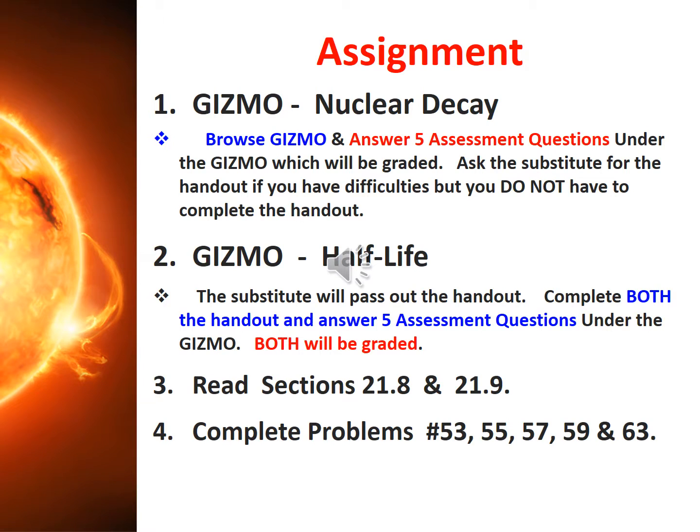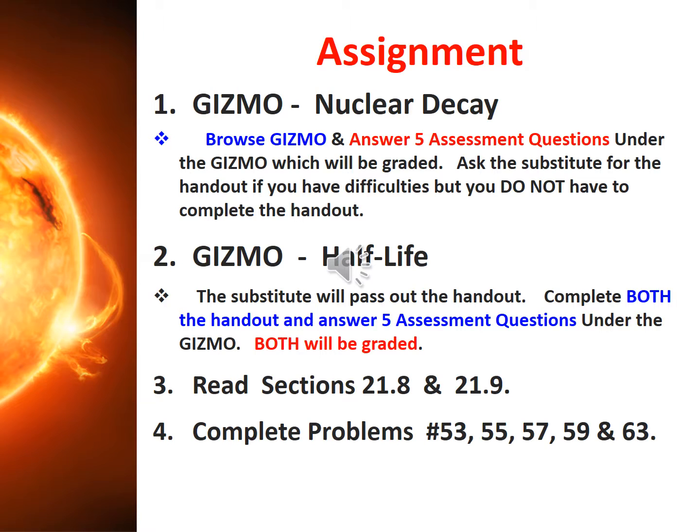If you've finished and copied the notes from this PowerPoint, your assignment for the rest of the class is number 1, browse the nuclear decay gizmo. You don't have to complete the handout with it. I just want you to browse it and answer the 5 assessment questions, but be sure you go through the gizmo so that this assessment will be graded.